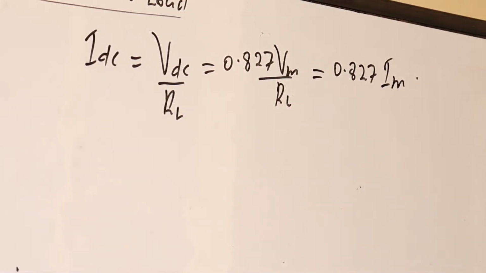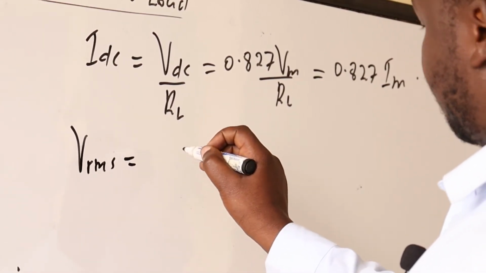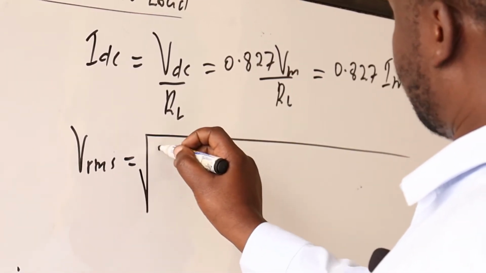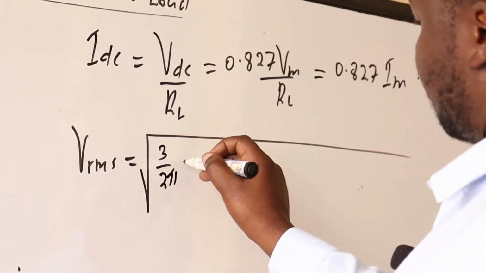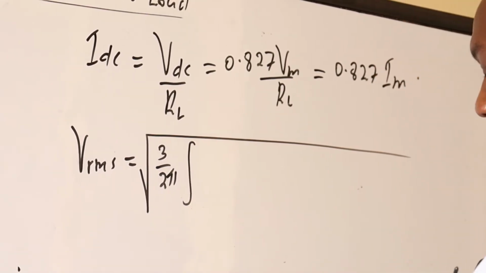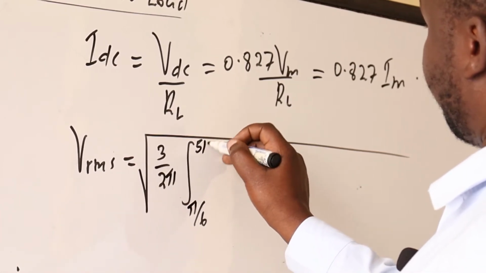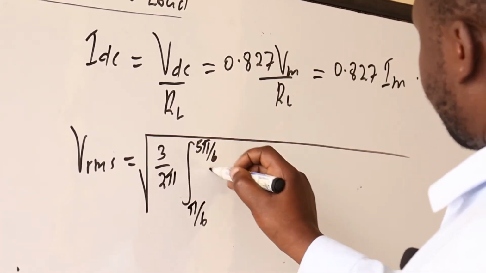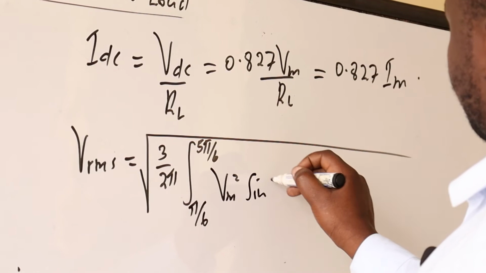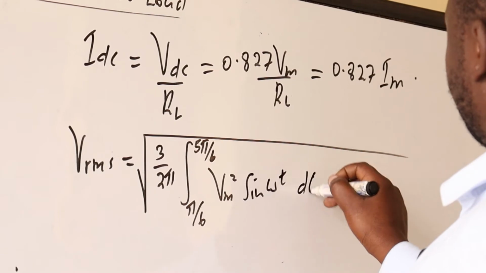Then VRMS will be the square root. So we have 3 all over 2 pi, the integral from pi over 6 to 5 pi over 6 of Vm squared sine squared omega t with respect to omega t.